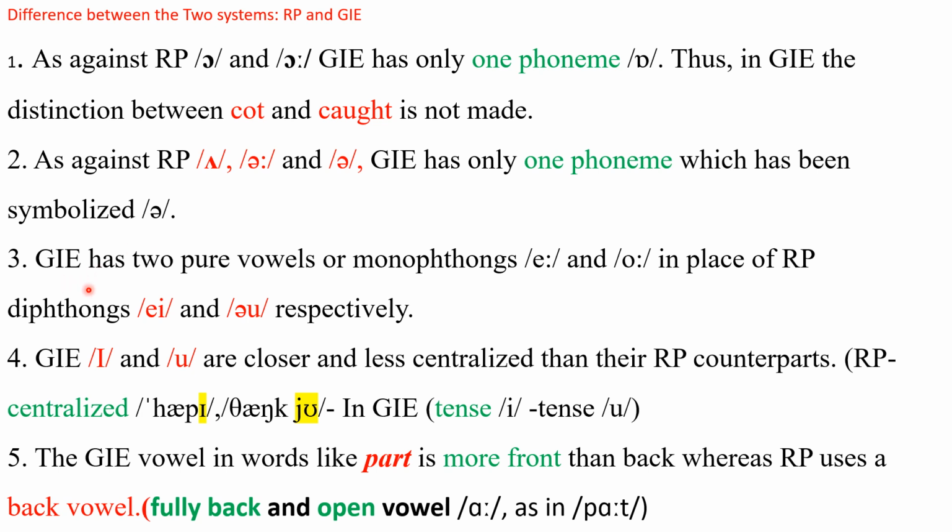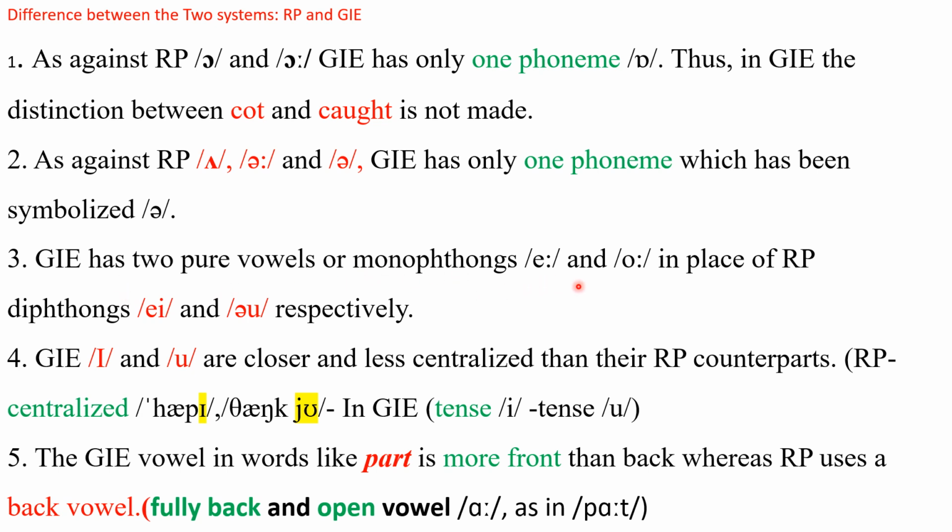Next, GIE has two pure vowels or monophthongs, these two, in place of the RP diphthongs. In RP, for example, play, eight. Next sound, out, now. So in place of these diphthongs, GIE has two pure vowels or monophthongs.